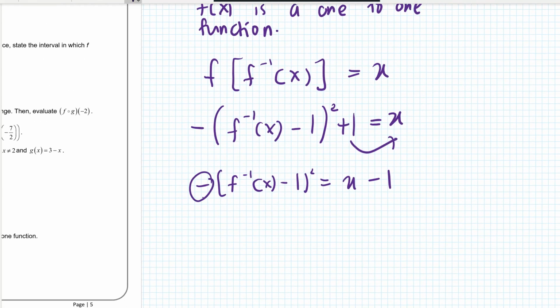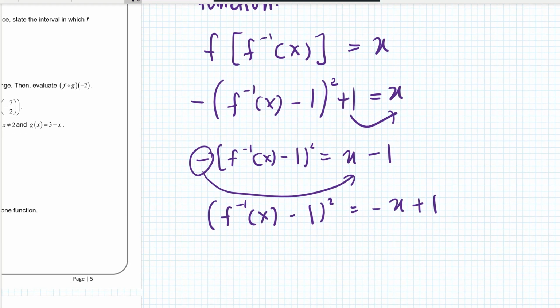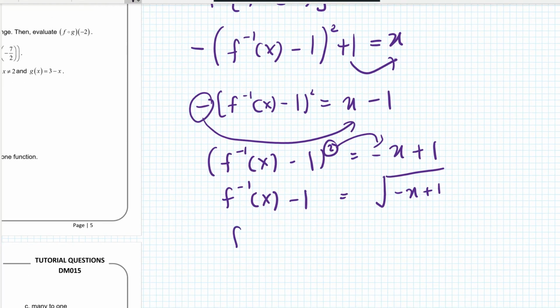Then we bring the negative, so we have (f inverse(x) minus 1) squared is equal to negative x plus 1. Then we proceed with the square root, so we have f inverse(x) minus 1 is equal to square root of negative x plus 1. Therefore our f inverse is equal to 1 plus the square root of 1 minus x.